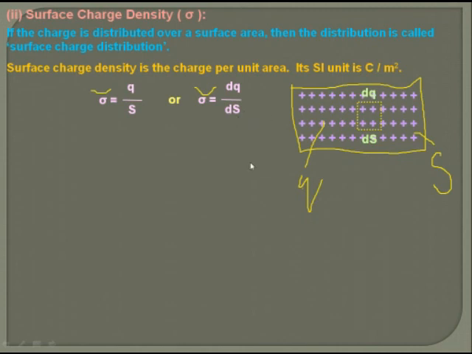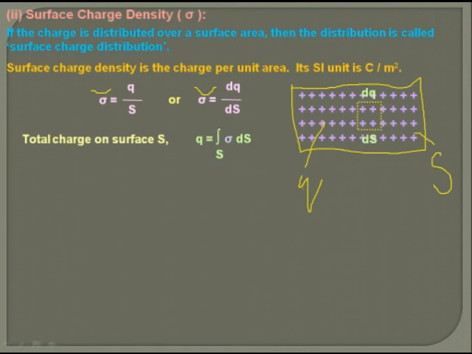Now let us represent this in integral form. The total charge on the surface of that sheet can be given as the integration of sigma with respect to ds over the total surface area.